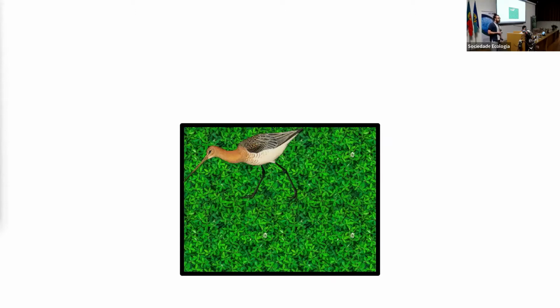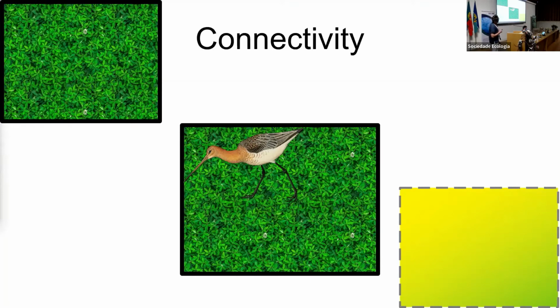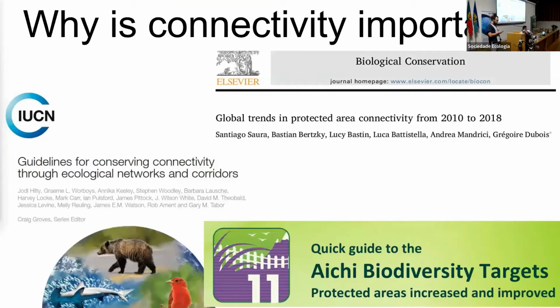And these movements of an animal could take it to another protected area, or just to some other place that has some value as habitat, but isn't protected in its conventional sense. And the ease or frequency with which these movements take place is what we consider connectivity. And this is a subject that's really taking center stage in conservation, not just in conservation science, but also in policy.